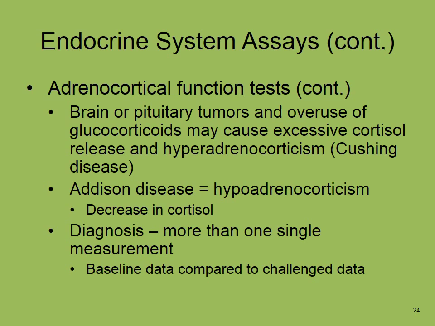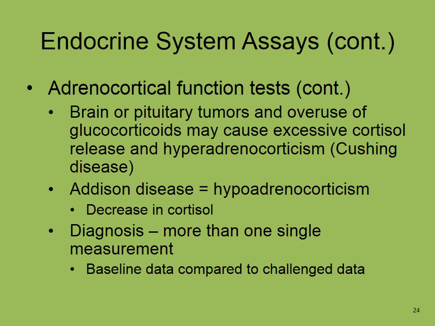So brain or pituitary tumors and overuse of glucocorticoids can cause excessive cortisol release and therefore Cushing's disease, which is hyperadrenocorticism. As you might remember, Addison's disease is the opposite of that. It is hypoadrenocorticism, and that's a decrease in blood cortisol. How do we diagnose these? Well, it takes more than just a single measurement.